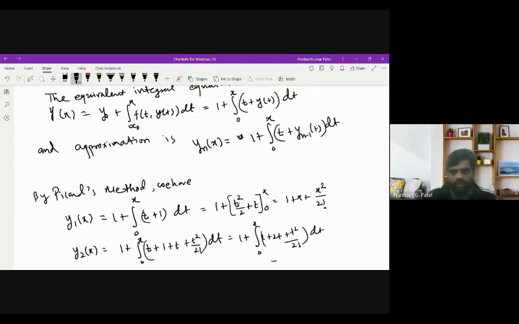If you integrate this, it is 1 + t + 2t square by 2 + t cube by 3 factorial, and putting the limit 0 to x, it will be 1 + x + x square + x cube by 3 factorial.